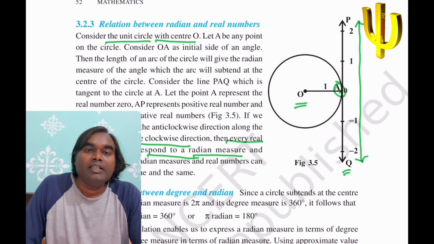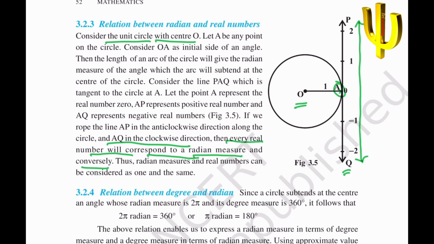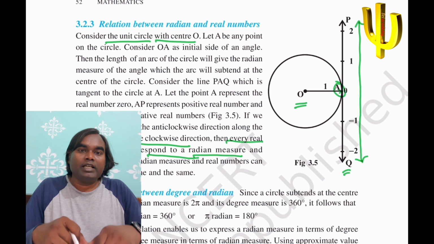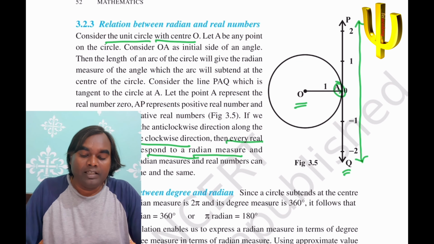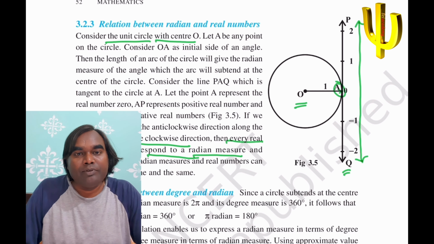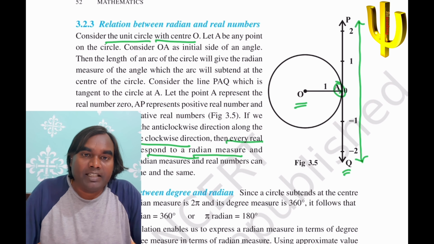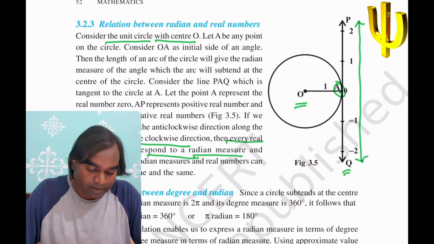That means if we make the circle with the help of this number line, then the total number line will lie on the circumference of the circle, and each number on the real number line will represent the radian angle subtended at the center of the circle.